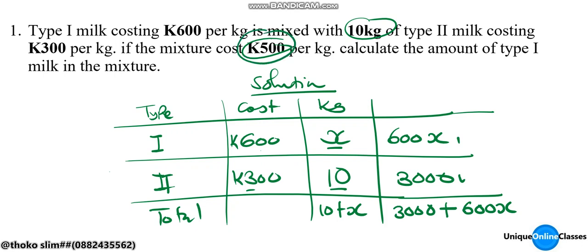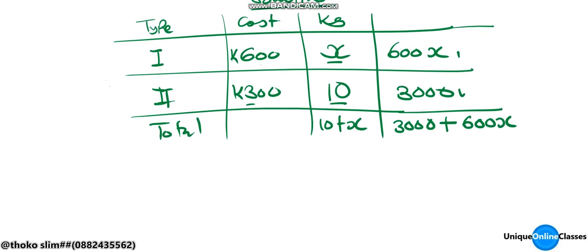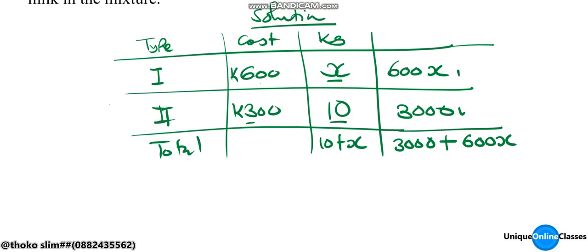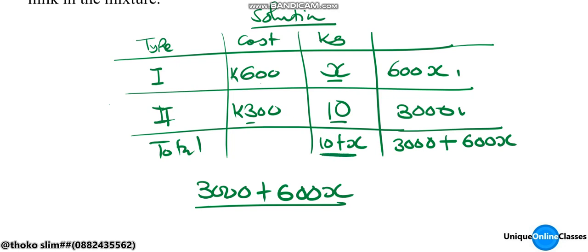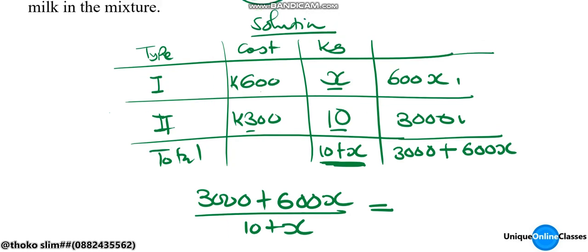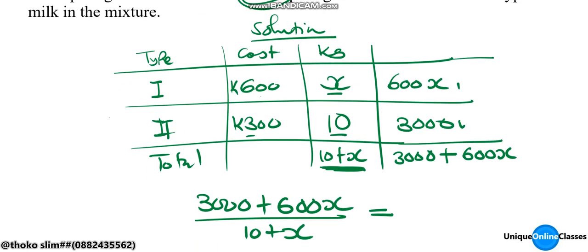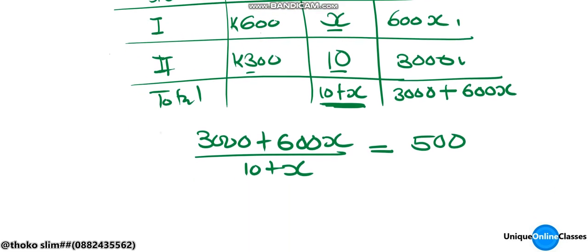So what you need to do is find the ratio of total cost versus total number of kgs. So we have 3000 plus 600x, then down in total kgs, that's 10 plus x, and the mixture was costing 500. So here you put 500 kwacha. We are ignoring k as of now.